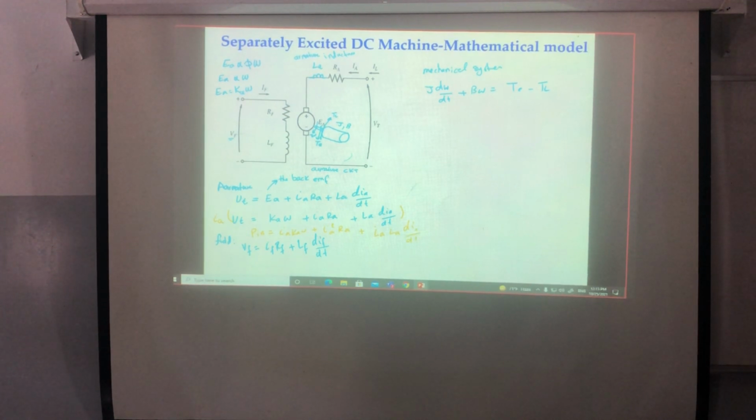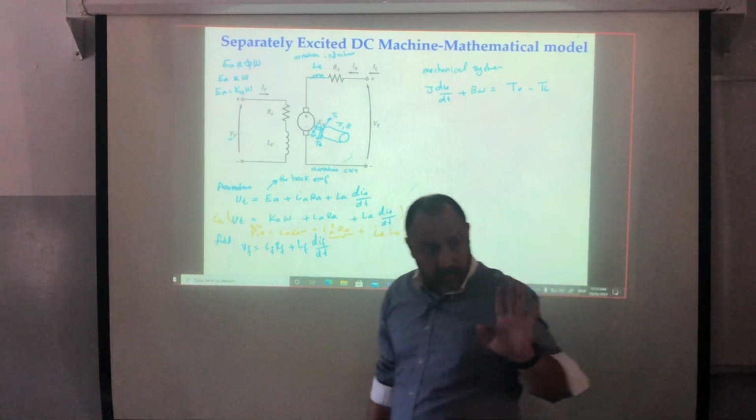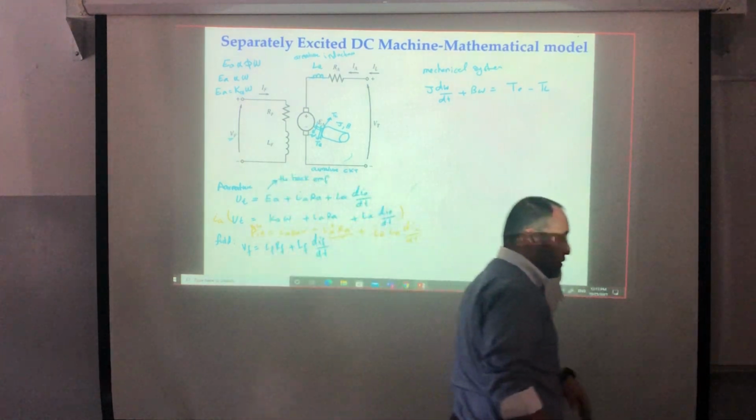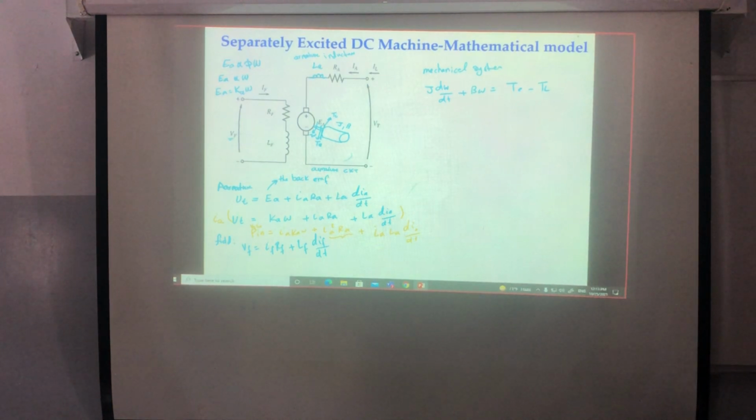So the first one, VT IA, is the power input. This one is the ohmic losses. So the losses.